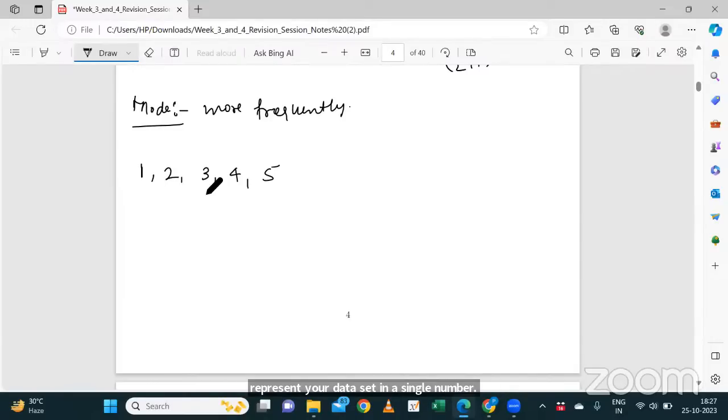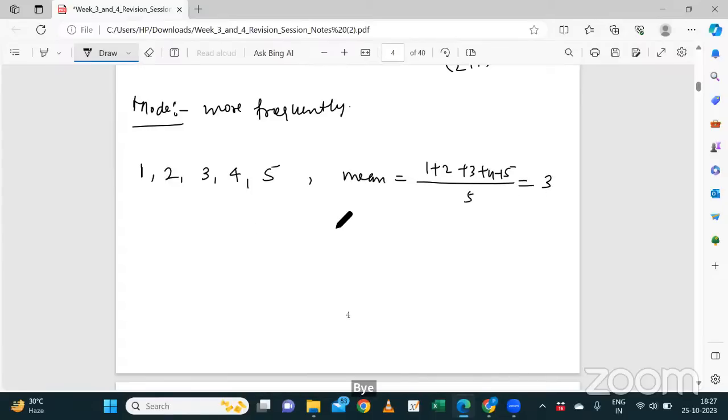It can be a central value, right? So tell me, what is the mean of this data set? 1 plus 2 plus 3 plus 4 plus 5 divided by 5, which is 3. What is the median? Three.